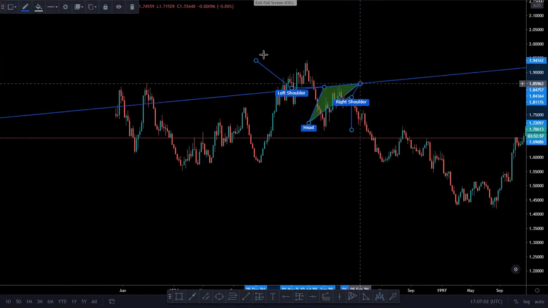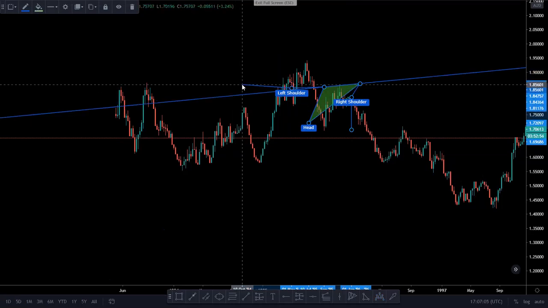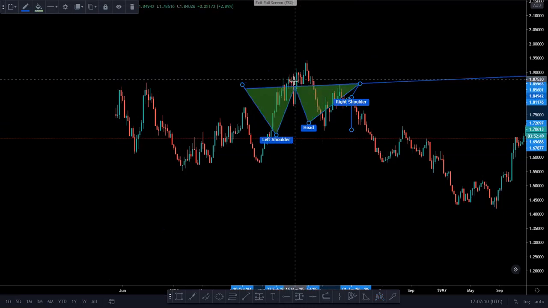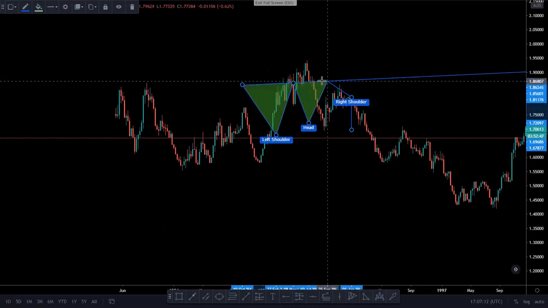So guys, this requires some practice. You have to go to TradingView tools, get it and practice.